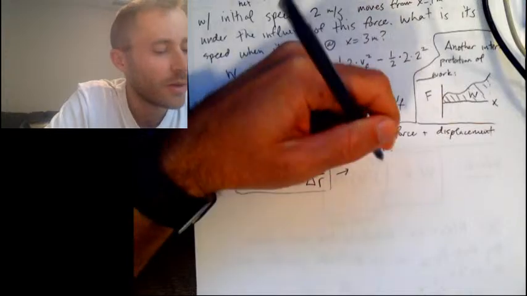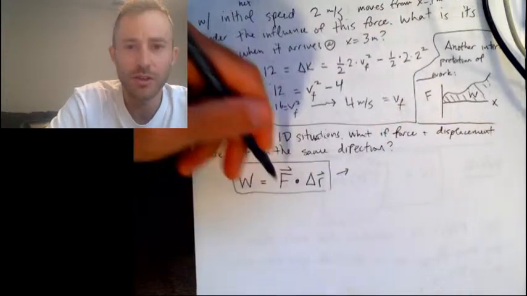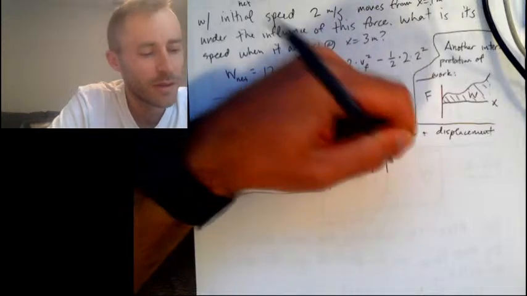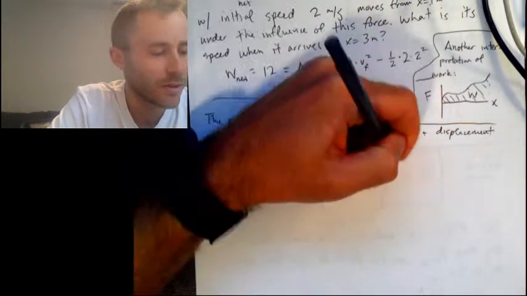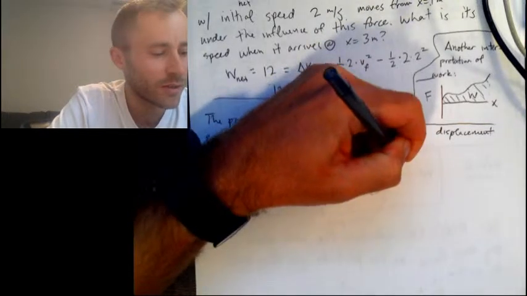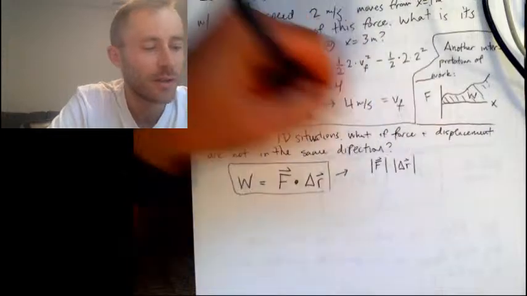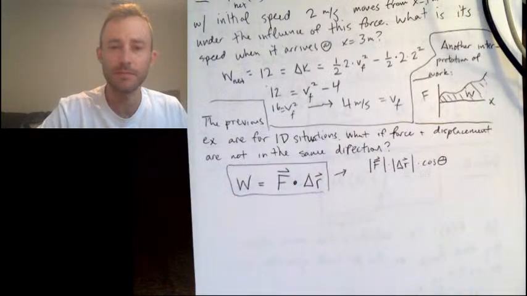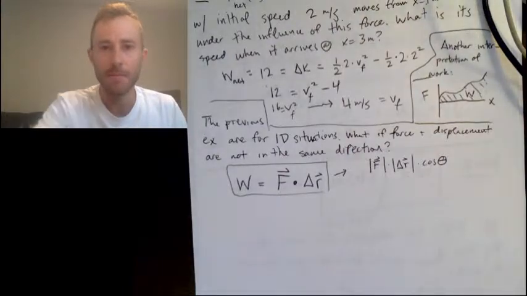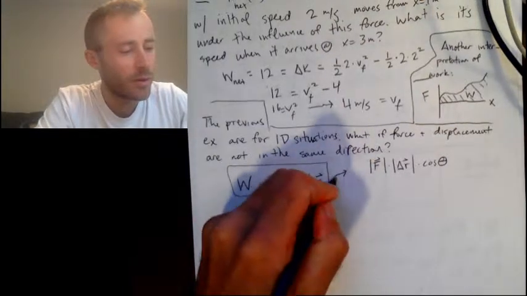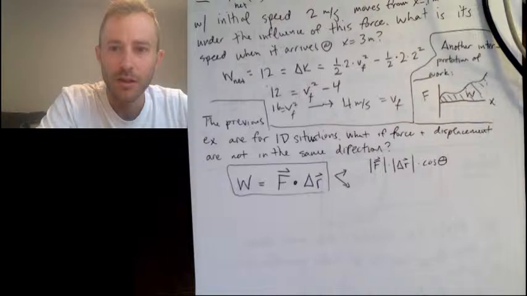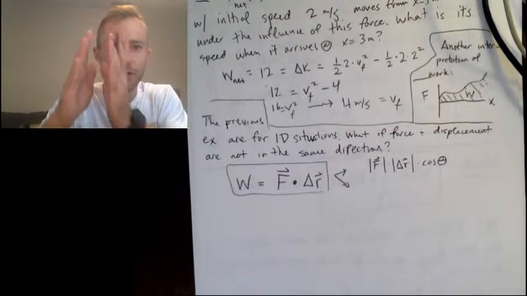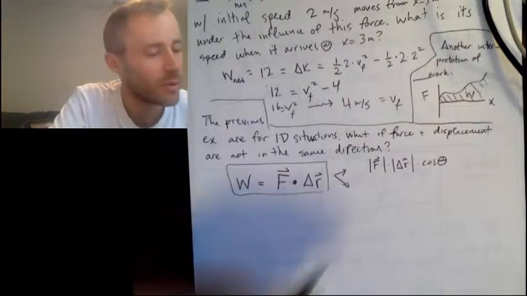One way is the magnitude of the first vector times the magnitude of the second vector times the cosine of the angle between them. The second way is x component times x component plus y component times y component.